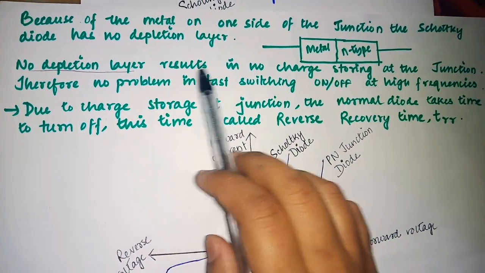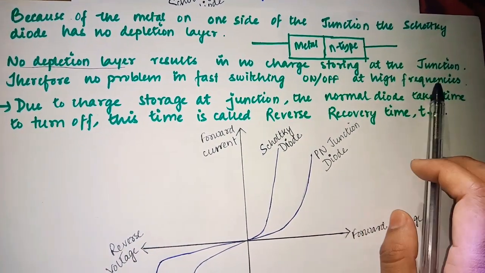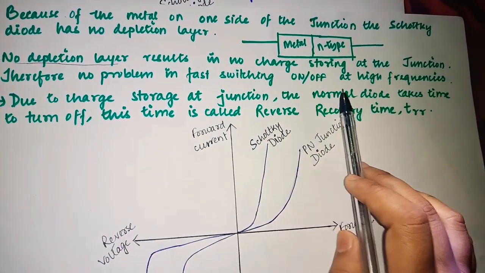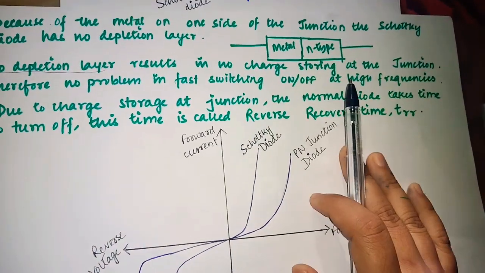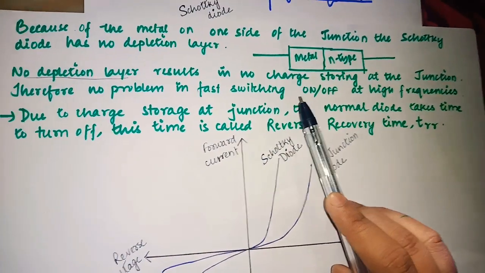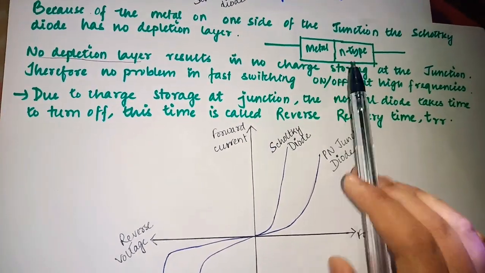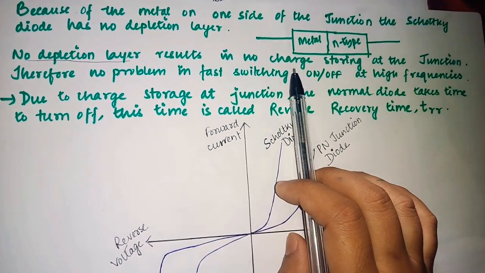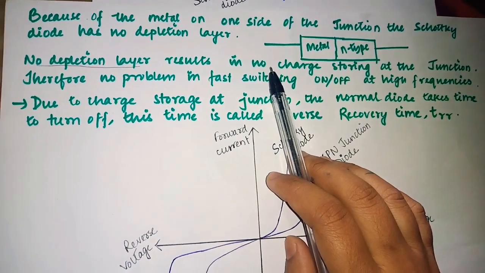No depletion layer results in no charge storing at the junction. Therefore there is no problem in fast switching on and off at high frequency. So to solve this problem, we use the Schottky diode.